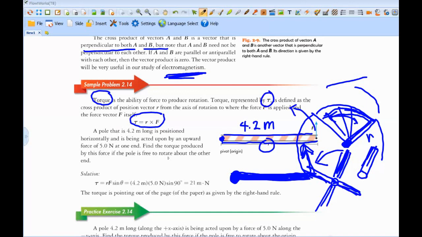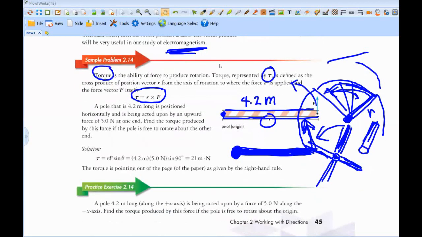Okay. So find the torque produced by the force if the pole is free to rotate about the other end. So we have the formula. Since the force is perpendicular to the pole, we are using 90 degrees. So torque is equal to the product of the radius times the force multiplied by sine 90.